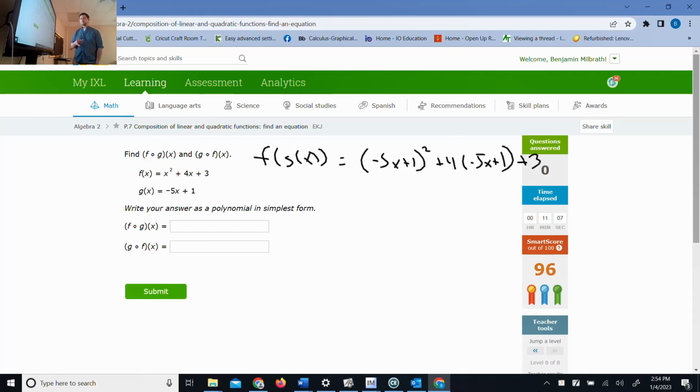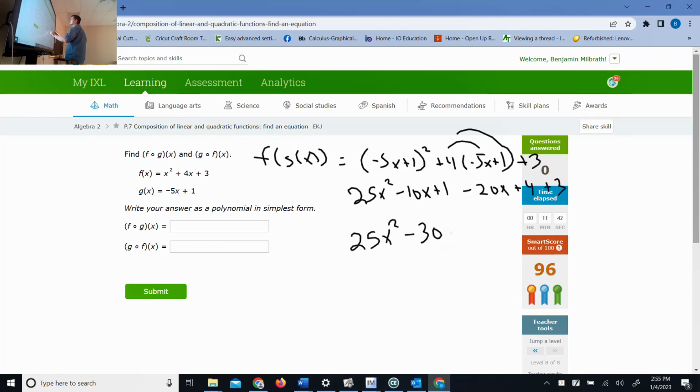So if I was to write negative 5x plus 1 twice and square it, I feel like I'd have 25x squared minus 10x plus 1. I'm good with that. Distribute minus 20x plus 4 plus 3. And then I just combine like terms and I'll be done with this thing. 25x to the second minus 30x, plus 8.